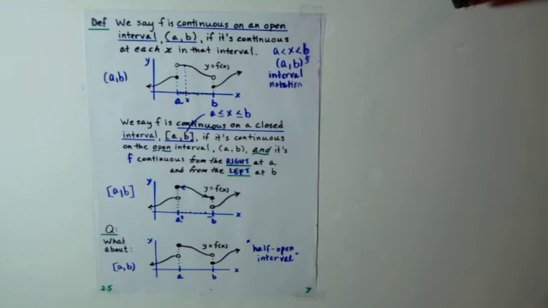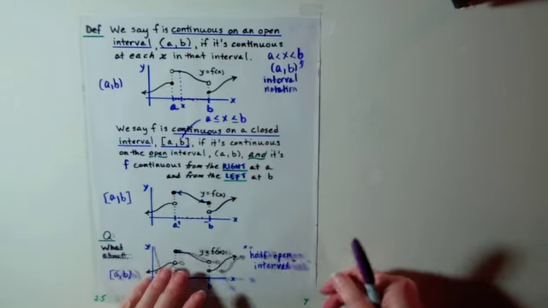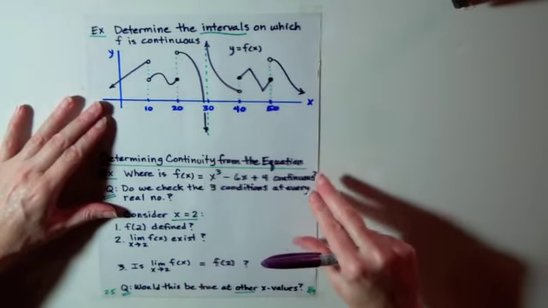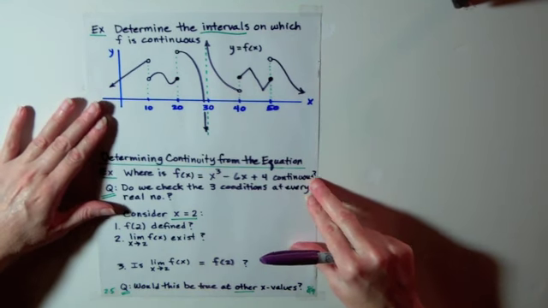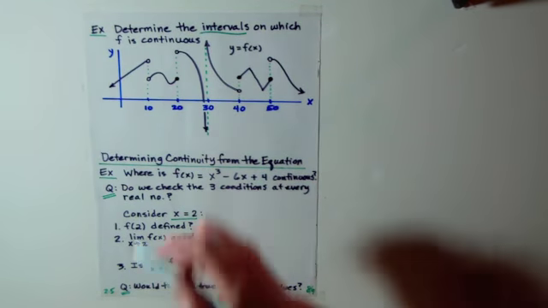Well, let's try another example just so that you can get used to this idea of continuity on an interval. Here's an example at the top of the page where we have some crazy graph.